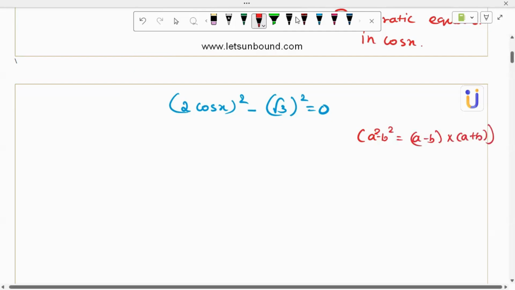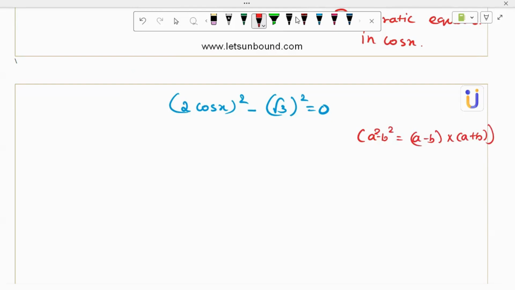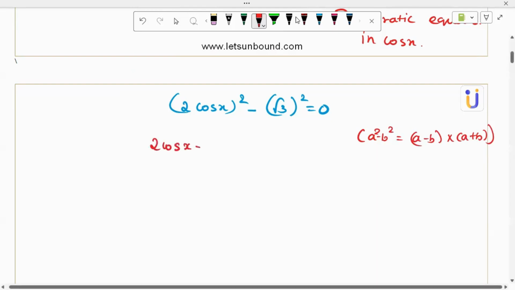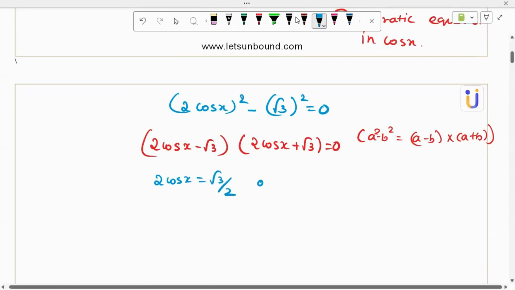Here a is 2 cos x. So 2 cos x minus root 3 times 2 cos x plus root 3 equals 0. Each of the factors you can equate to 0: 2 cos x is root 3 or 2 cos x is minus root 3.